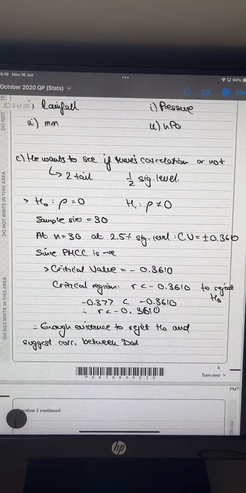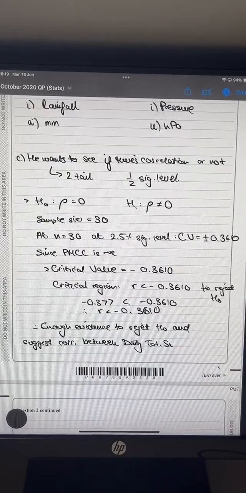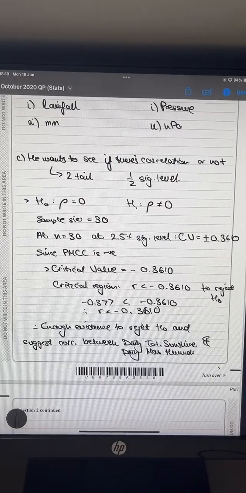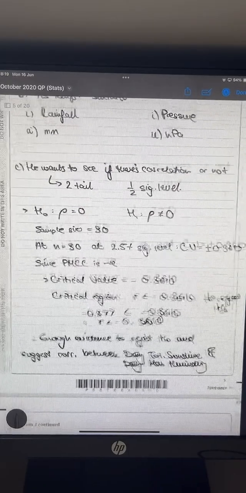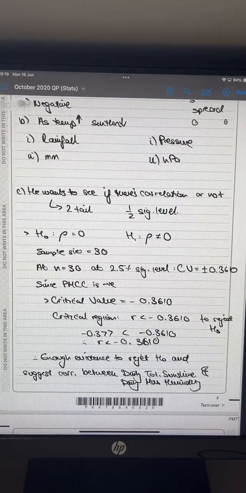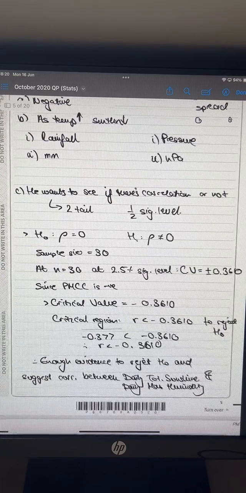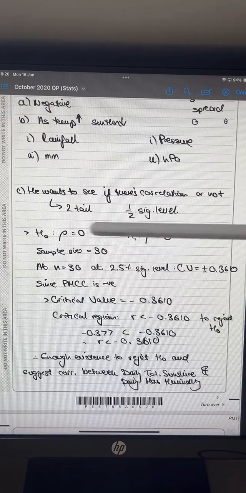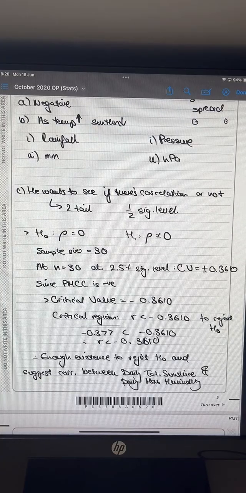So daily total sunshine, I'm just writing them shorthand, but you need to write it in full, and the daily maximum humidity. So that is how you do a hypothesis test for PMCC. It's not too bad. All you have to do is note if it's one or two tail, and then you state your hypothesis. Notice I've said it clearly with this line over there. So that's my hypothesis, and then I've done my working.